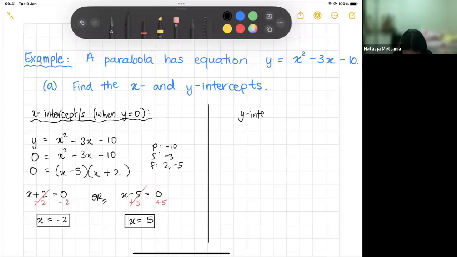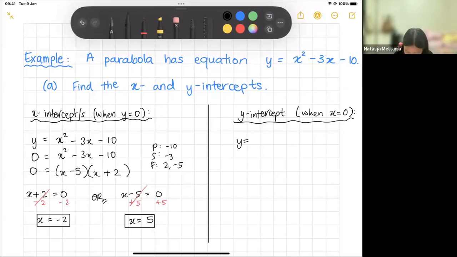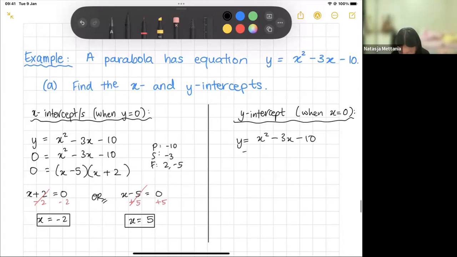All right, let's find my y-intercept. My y-intercept is when x is equal to 0. This one is much easier. Okay. Y equals x squared minus 3x minus 10. Anywhere I see x, I'm going to replace it with a 0. Just like so. This will turn into 0.